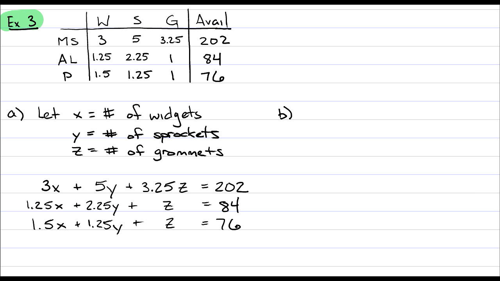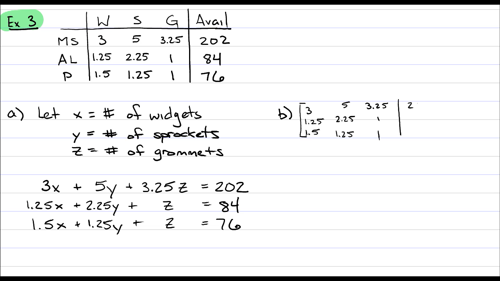So to solve this in Part B, I need to put the system into an augmented matrix, which gives me 3, 1.25, 1.5. That's the first column. The second column is going to be 5, 2.25, 1.25. And then the last column is 3.25, 1, 1.